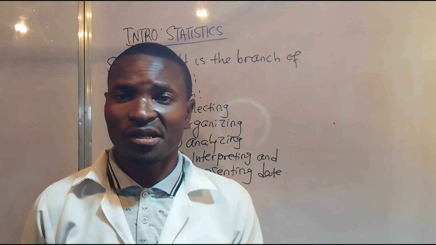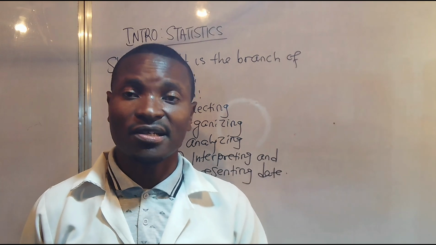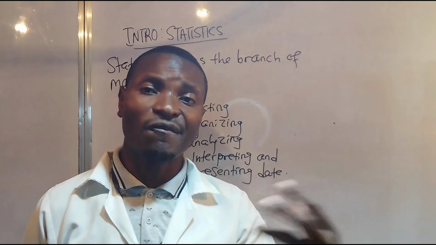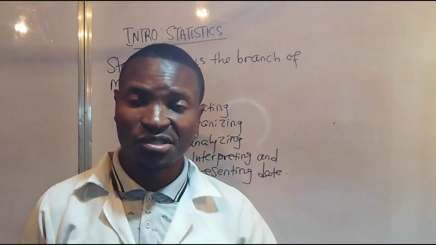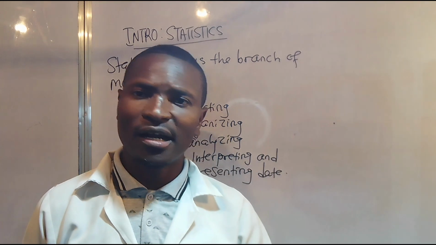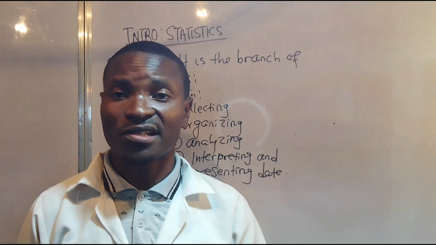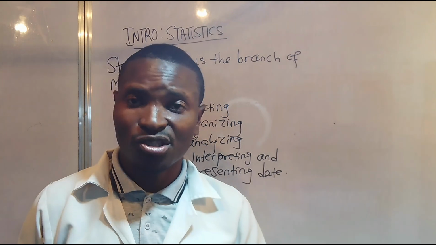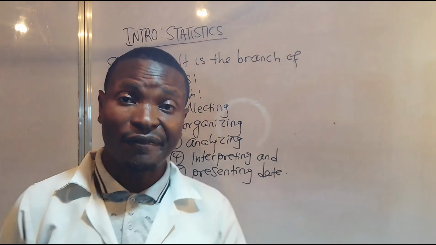Now, I've just mentioned that it is obvious that statistics is an applied science in almost every field of profession or career. As a lawyer, as a scientist like myself, I'm a scientist in agriculture, particularly in fish farming.